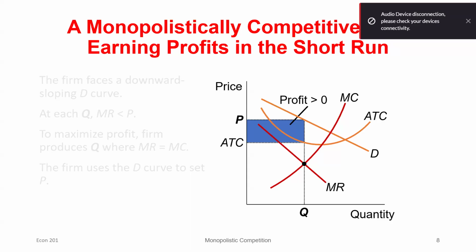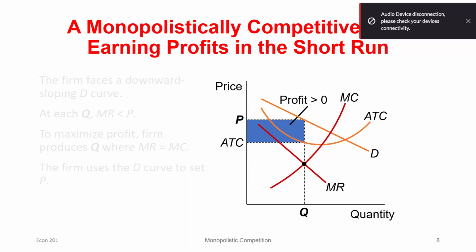Now, just to revisit some concepts before we go a little bit further in the slides, if price is below my average total costs, I know that profits are what? Well, quantity is always positive. So if price is below average total cost, profits must be negative.